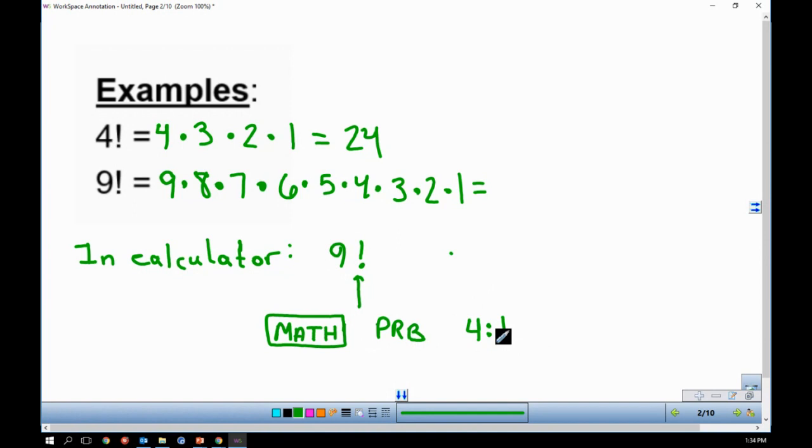And you're like, okay, well, what about the Inspire? Well, I'm not going to show you. If you want to figure the Inspire out, you can. But I'm just showing the 84 steps because that's what you're going to have to test with, the 84. So what is 9 factorial?